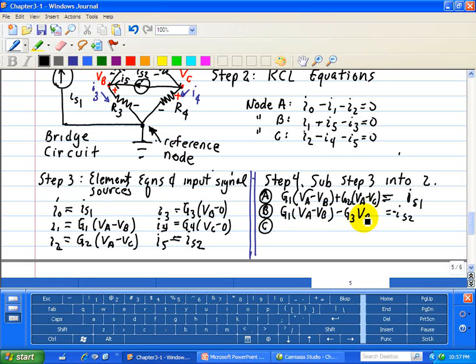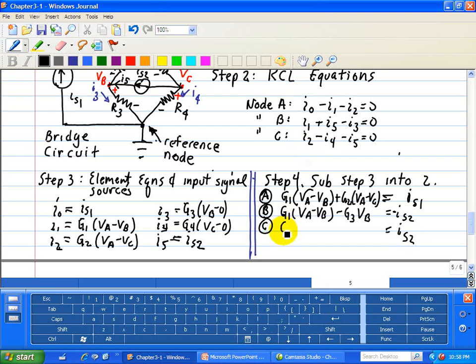And then finally, at node C, we have I2 minus I4 minus I5 equals 0. I5, we saw that that's a source, so we'll put positive IS2 here. So now we're left with I2 minus I4.